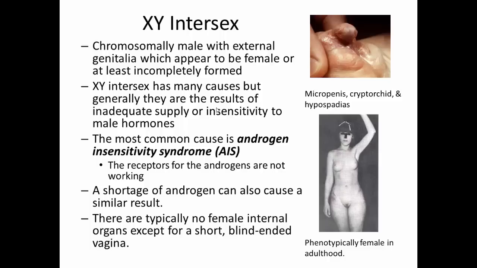Even in females, it's the androgens that typically lead to axillary hair, so in the armpits, and also in the perineal region. At any rate, this person is phenotypically female clearly, but has the XY genetics.